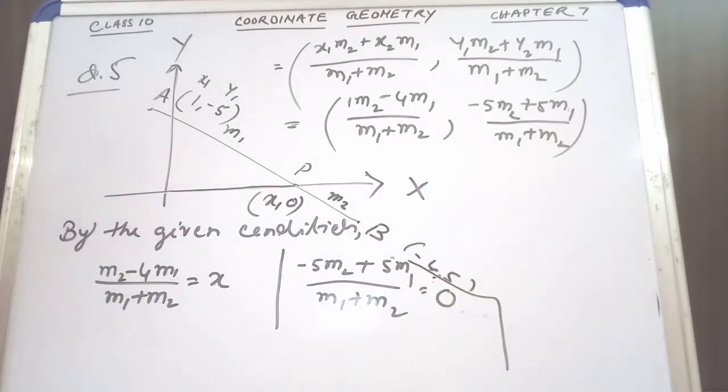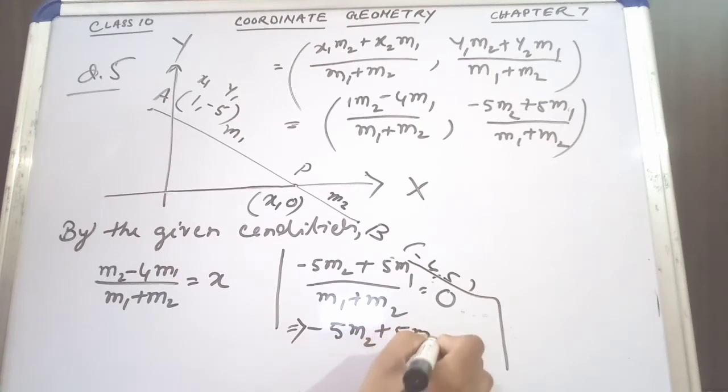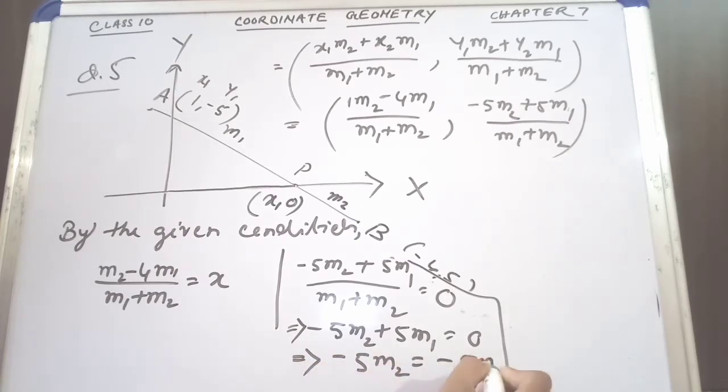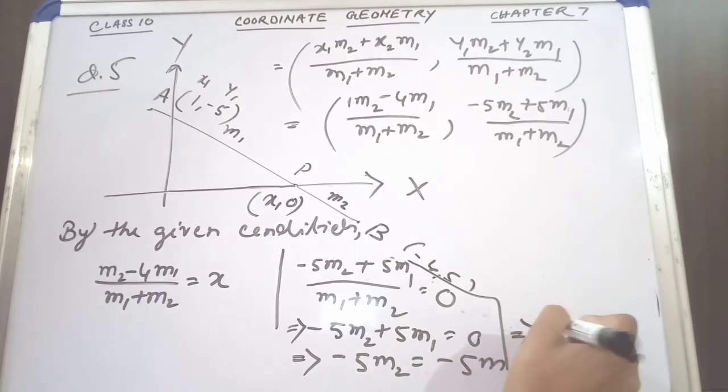Now you have to find the ratio of m1 is to m2. So calculate this part. This implies minus 5m2 plus 5m1 is equal to 0. This implies minus 5m2 is equal to minus 5m1. Minus 5 cancel out. That means m1 is equal to m2.